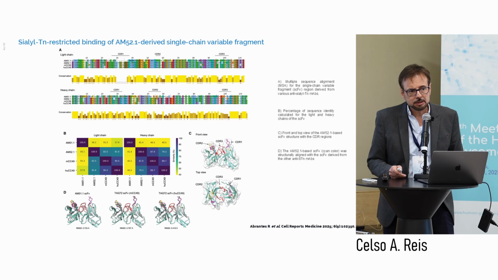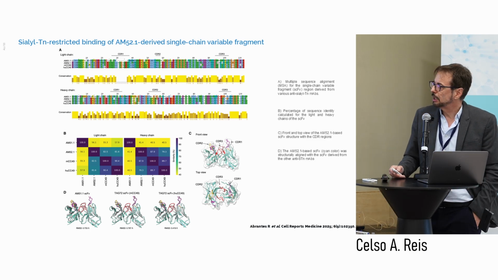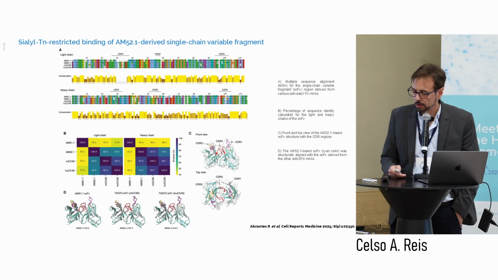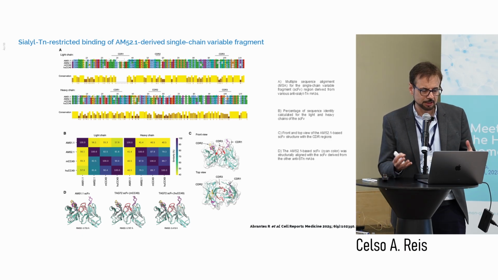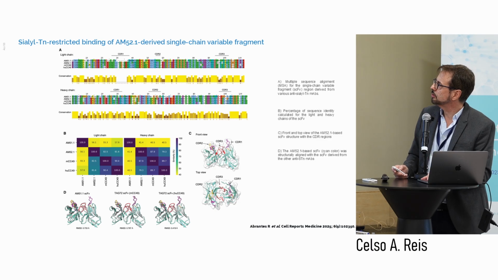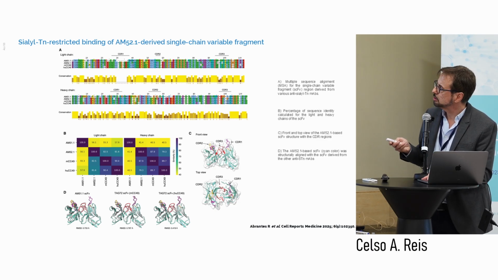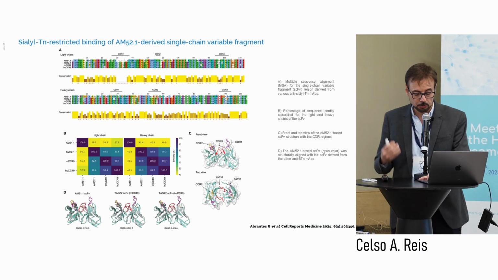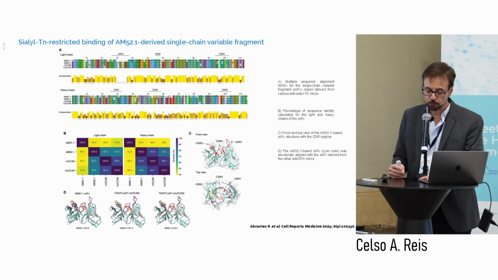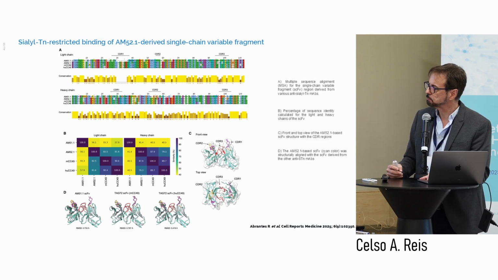So we looked in detail at the structure of the antibody, trying to understand where we could have hints defining the specificity. And by multiple sequence alignment, we could compare the critical amino acids defining this specificity, comparing with the other antibodies, not only 51 and 52, but also the CC49, which is the one that has been used and implemented for some clinical detection.